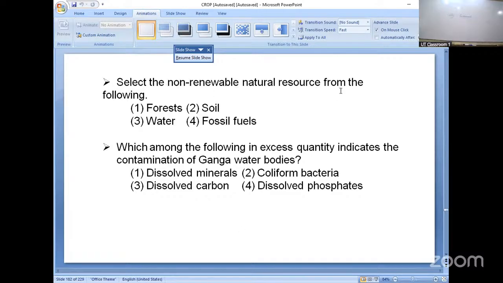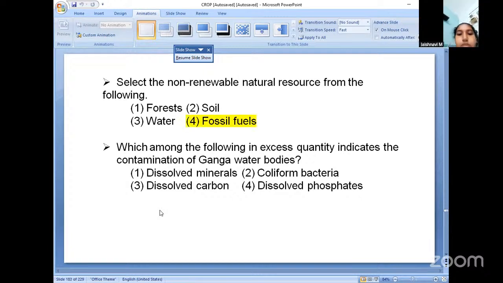Select the non-renewable natural sources: fossil fuels. Which among the following, in excess quantity, indicates the contamination of Ganga water bodies? Whether it is minerals, dissolved carbon, or bacteria.